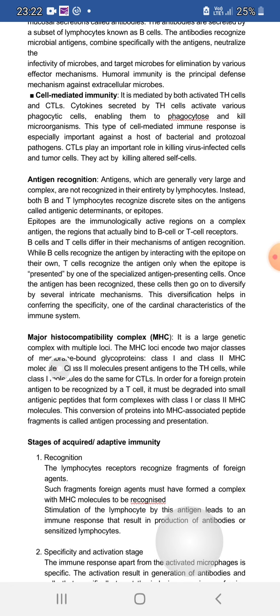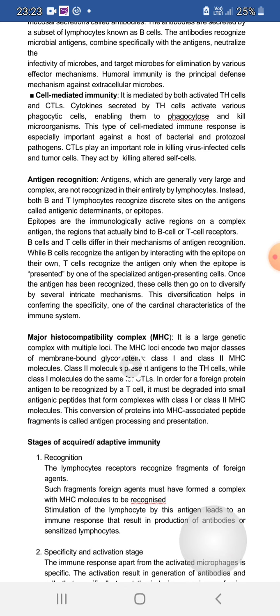So these molecules, in simple terms, act like a hand on the surface of antigen-presenting cells to show the foreign epitope, or non-self, to immune cells.